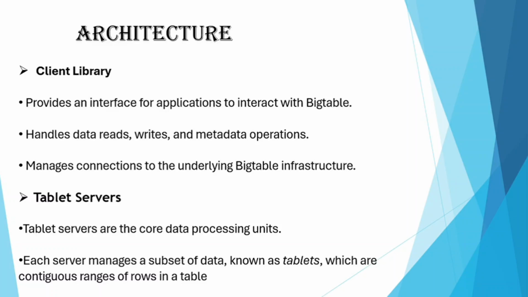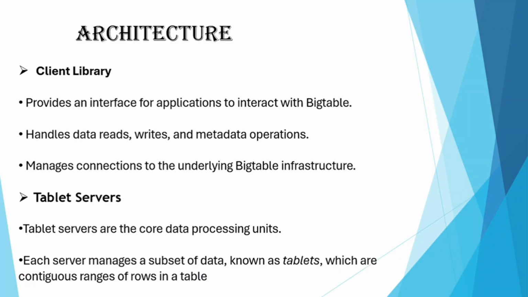Now, what is the architecture? First, client library. Provides an interface for applications to interact with Bigtable. Handles data reads, writes, and metadata operations. Manages connection to underlying Bigtable infrastructure. Tablet servers.